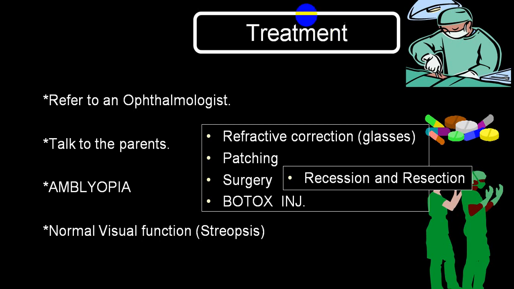As far as the treatment part is concerned, the person can be treated with refractive correction like glasses, or maybe by using a patch or prism glasses. And if the person requires surgery, then recession or resection method, and occasionally you can use Botox injection to maintain the alignment of the two eyes.